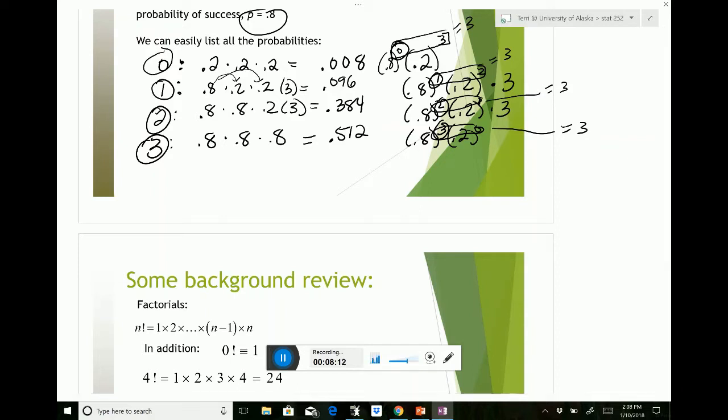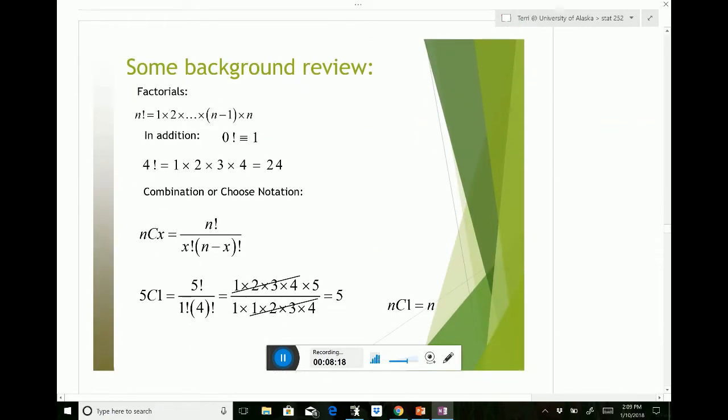Okay, so that is kind of a preview of how we're going to do this. Now, before I really get into how to do the binomial distribution, I want to talk a little bit about some background review. I want to review with you factorials and combinations. So a factorial is denoted by n with an exclamation point.